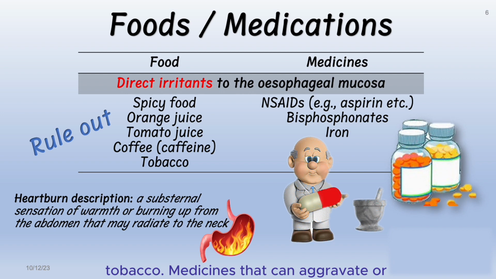Medicines that can aggravate or exacerbate the signs and symptoms of GORD include non-steroidal anti-inflammatory drugs, iron supplements, and medicines used to treat osteoporosis. Again, counseling of a patient on exactly how to take these medicines is a very important function of the pharmacist.